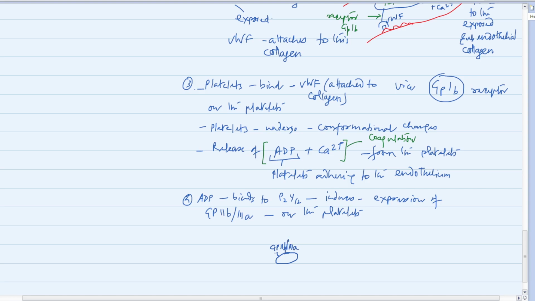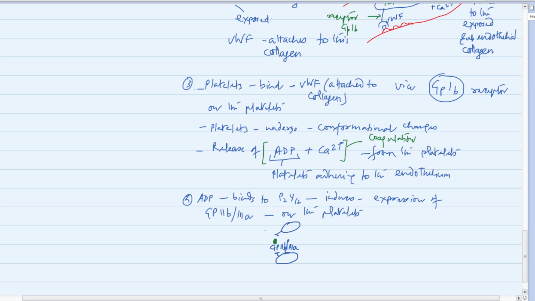GP2B3A receptor on it. What this GP2B3A does is it binds to a molecule of fibrinogen. So this receptor binds to fibrinogen, and that fibrinogen in turn binds to another GP2B3A receptor on another platelet.